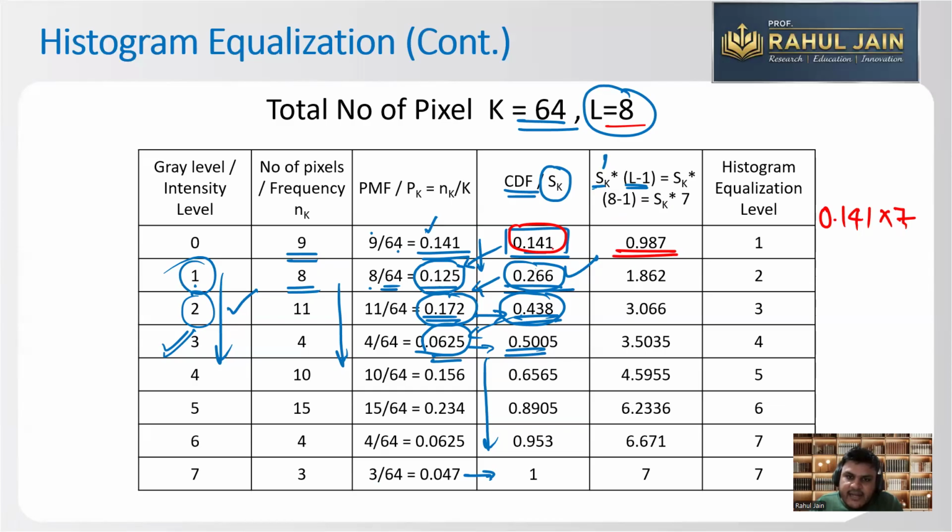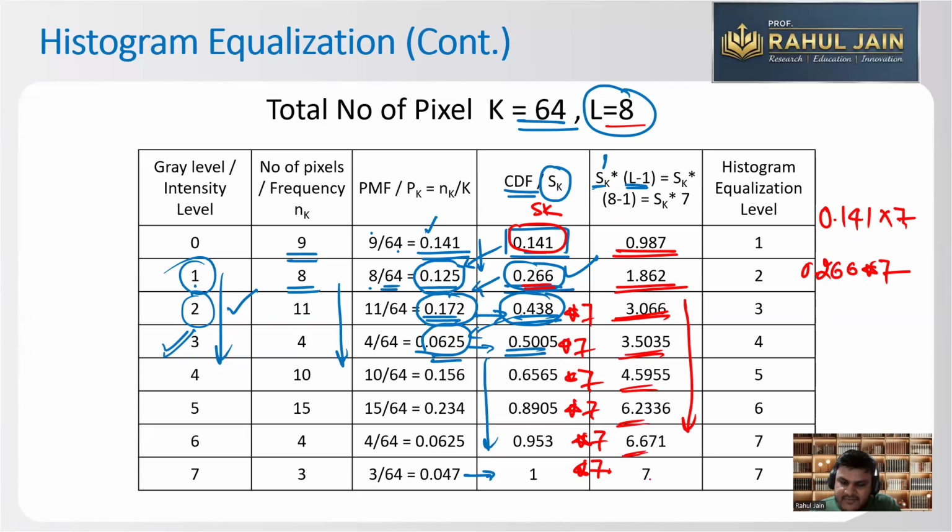Similarly, the CDF value for the next level is 0.266, and multiplying it by 7 gives 1.862. Similarly, for all these values, we multiply the CDF value with L minus 1, that is 7, because the total levels are 8. These values are the histogram equalization values.